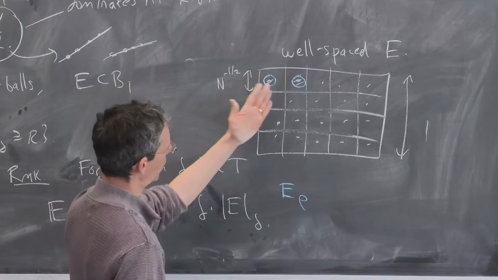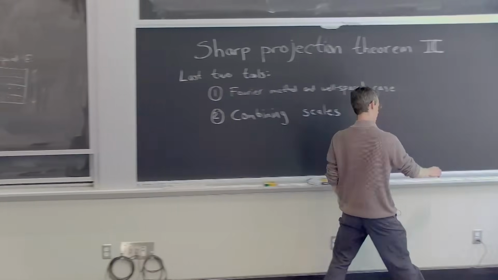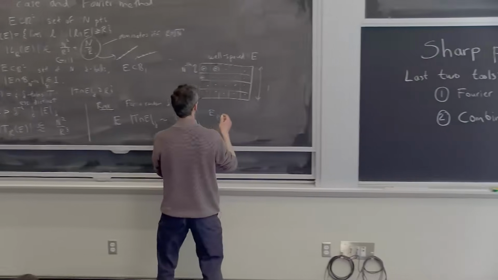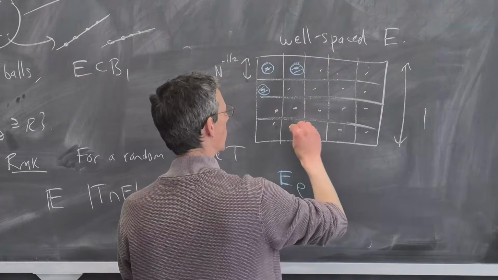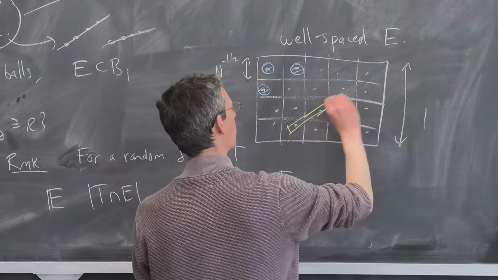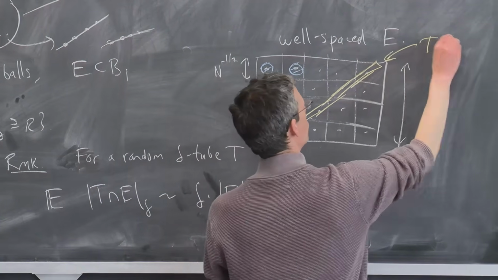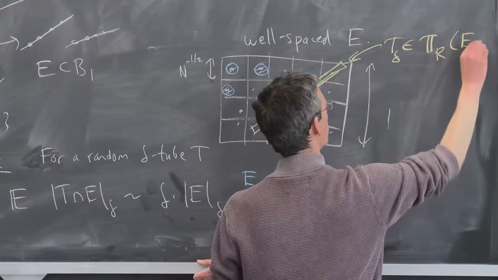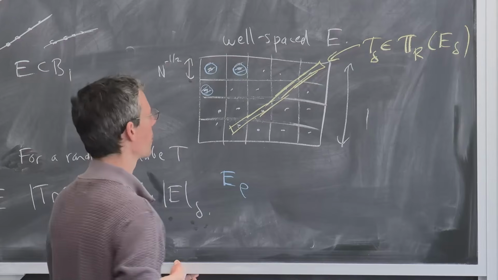And originally our original problem is to understand delta tubes that hit a lot of balls. So this might be one. This is a delta tube, in T_r of E_delta. E_delta is just E, but I put the delta to remind us.